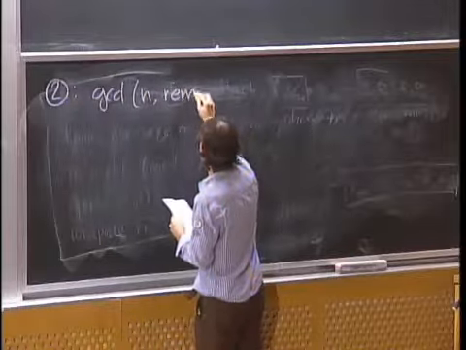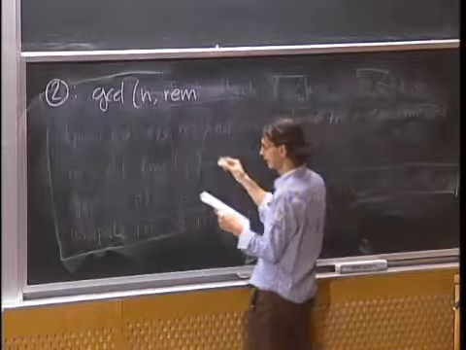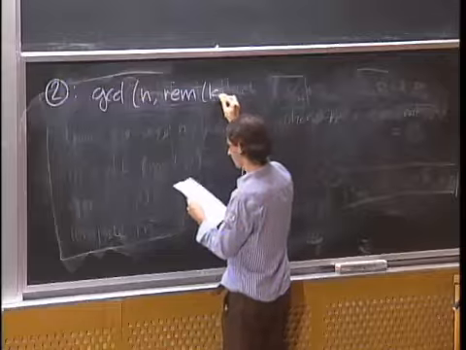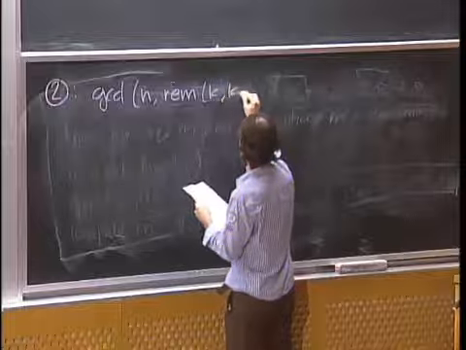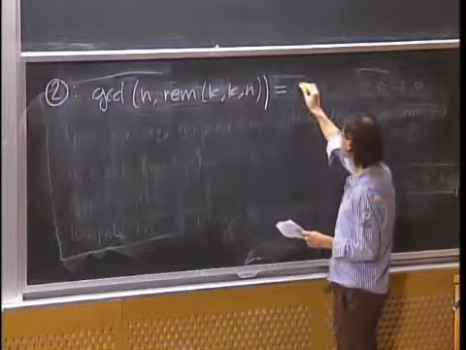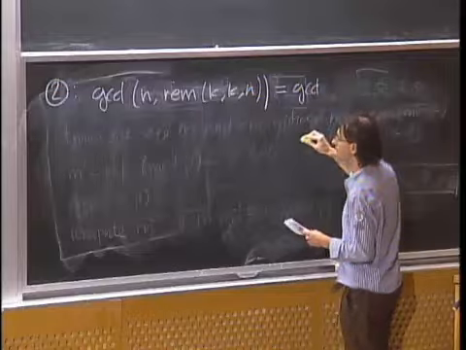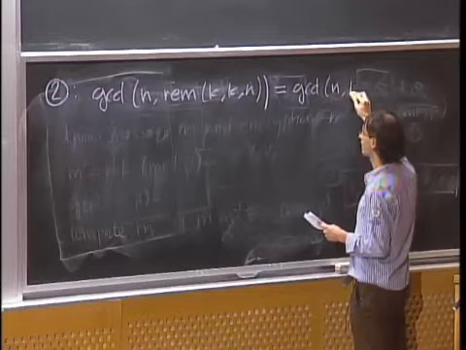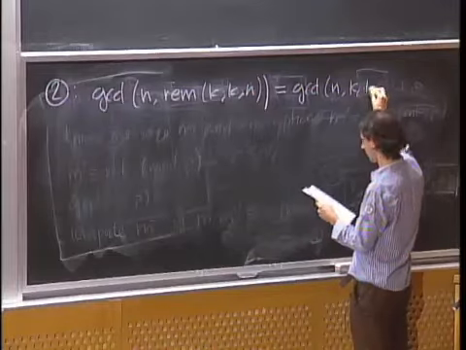We said that the greatest common divisor between n and the remainder of, say, ki times k and n is actually equal to the greatest common divisor of n and ki times k.